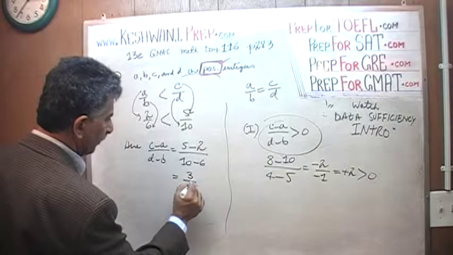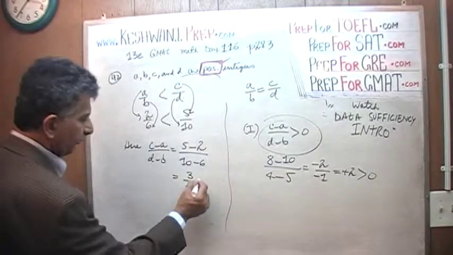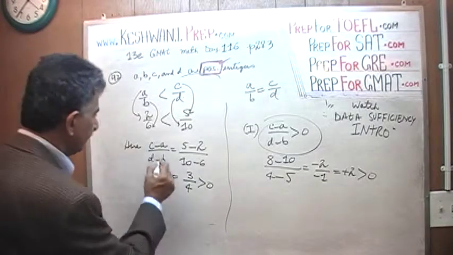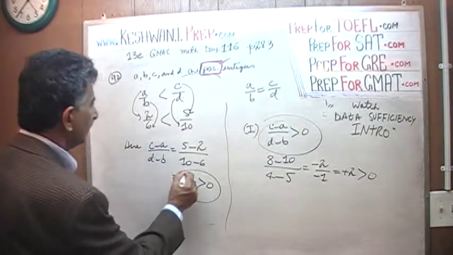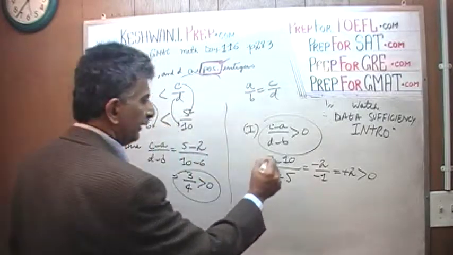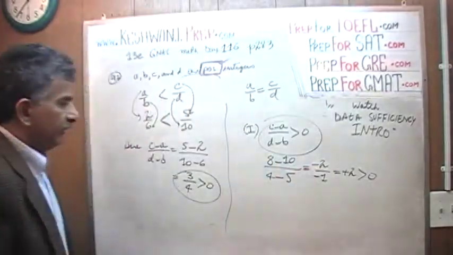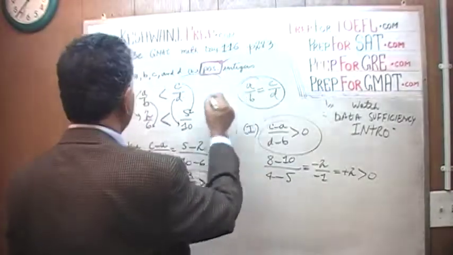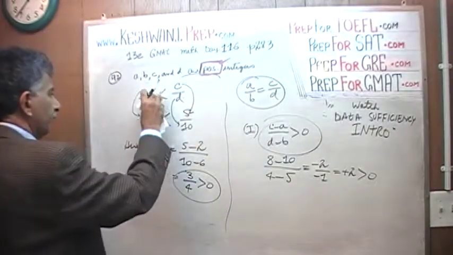It gives us 3 over 4, and 3 over 4 is positive. So we fulfill the condition that this quantity is positive, and yet we find situations where here it is less and here it was equal. So which one is it? I'm going to erase one of these things.